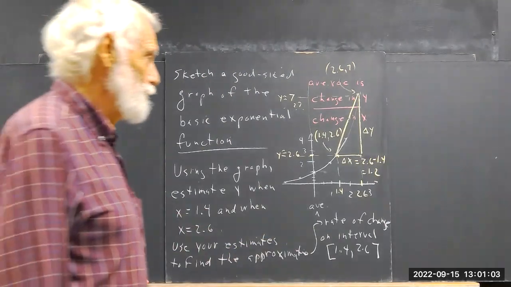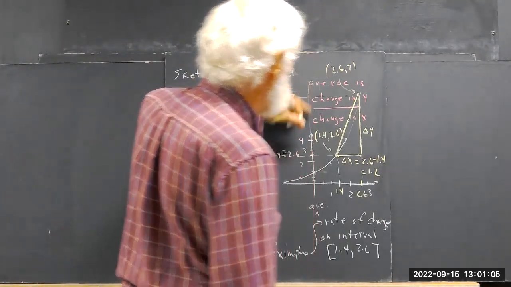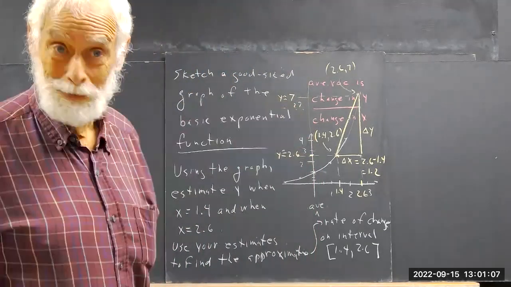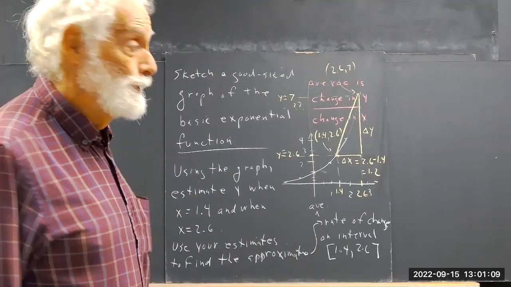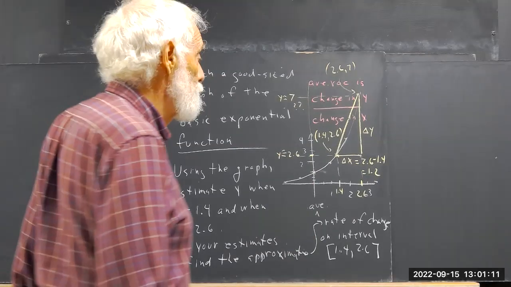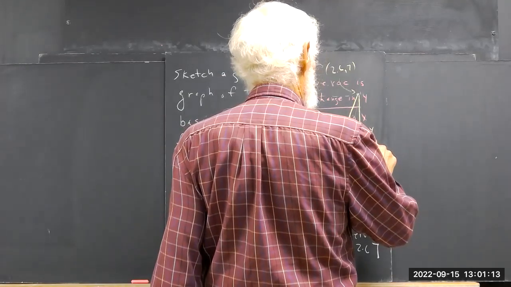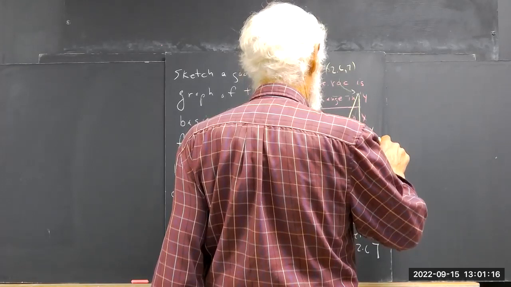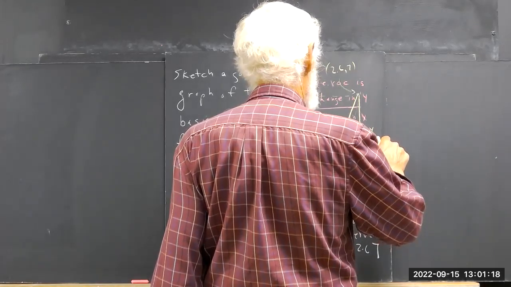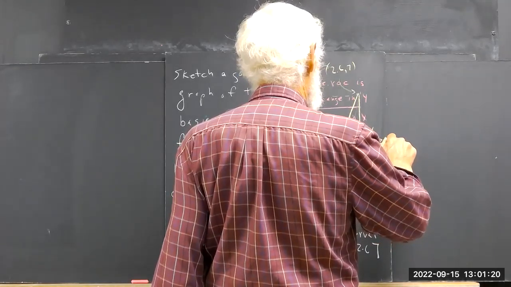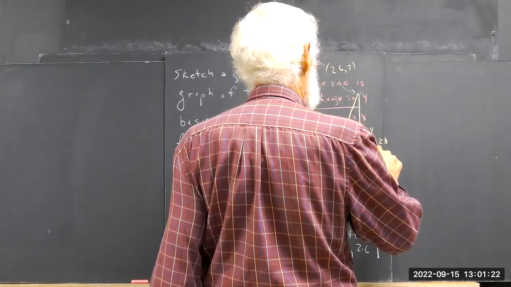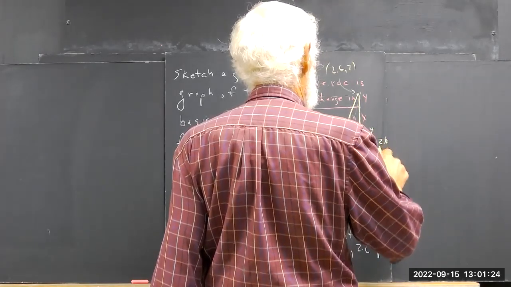Once I wrote down what the average rate of change means, I went down. Okay. Delta y is going to be 7 minus 2.6. That equals 5.4.